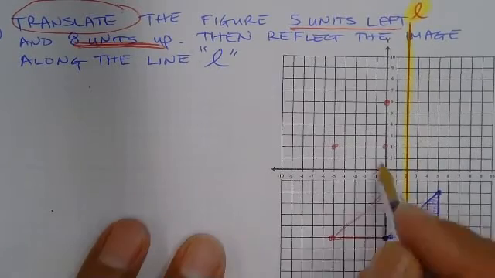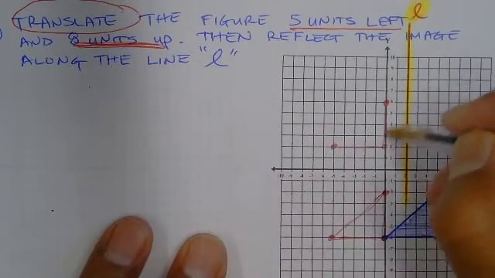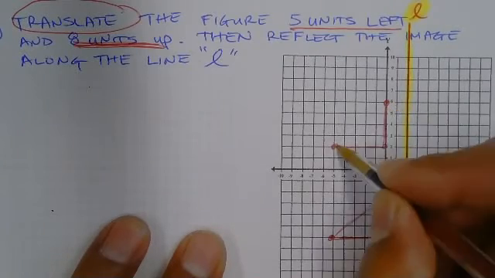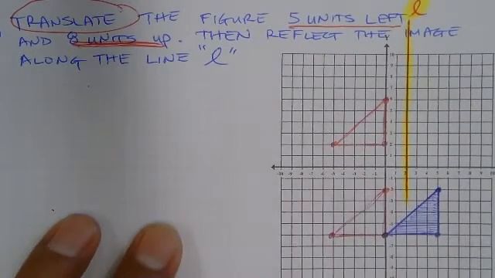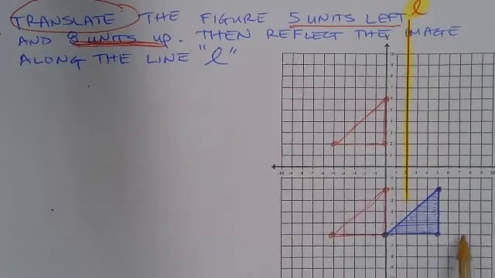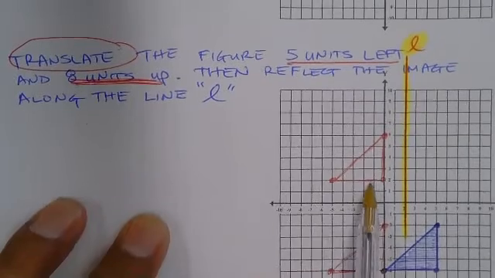Okay, now it's here. And that's also lightly because it's not finished. It's not going to stay there. So I went 5 left, and then I went 8 up. So now it's here. This one you did the translation first. So we did move it 5 left and 8 up.